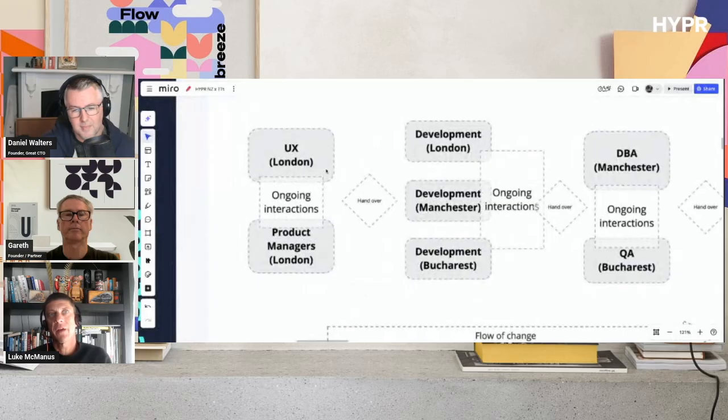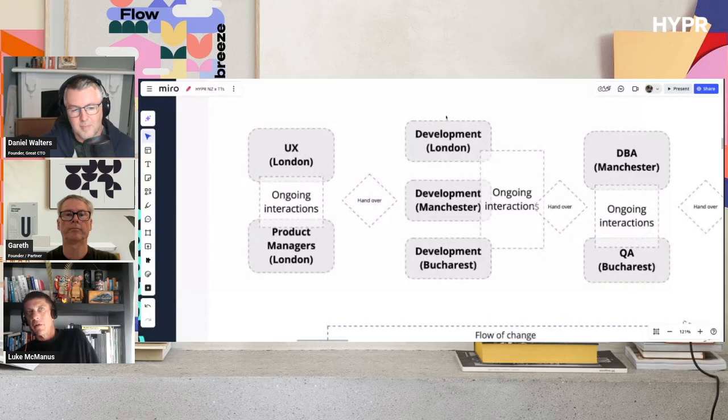Tickets are created, they go into queues, handovers occur, a bunch of meetings to move the context from these people's brains into these people's brains. Now there are three different teams in different locations.